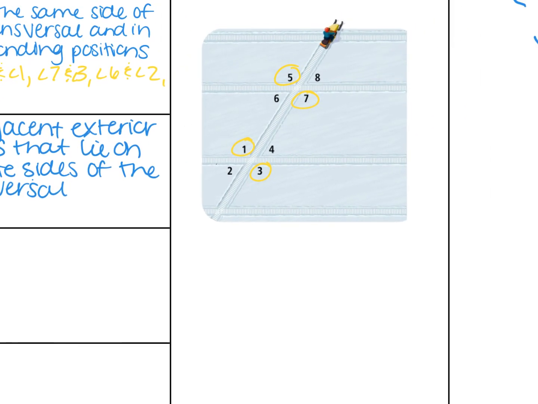So outside means that we're 5 and 8 or 2 and 3, and opposite sides means that we're on opposite sides. So we could say 5 and 3.